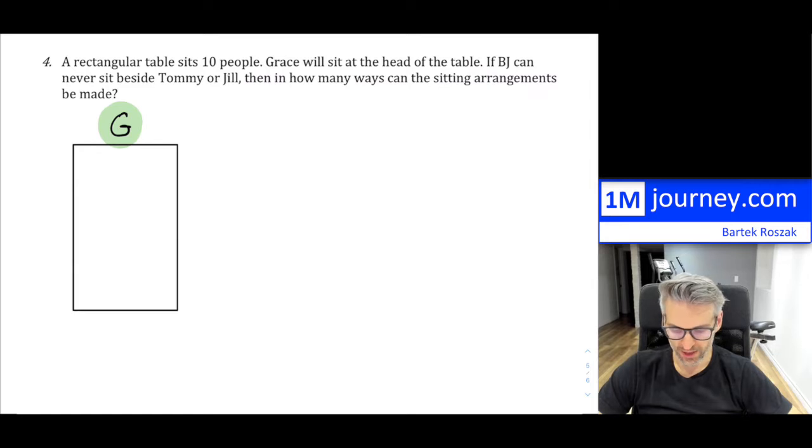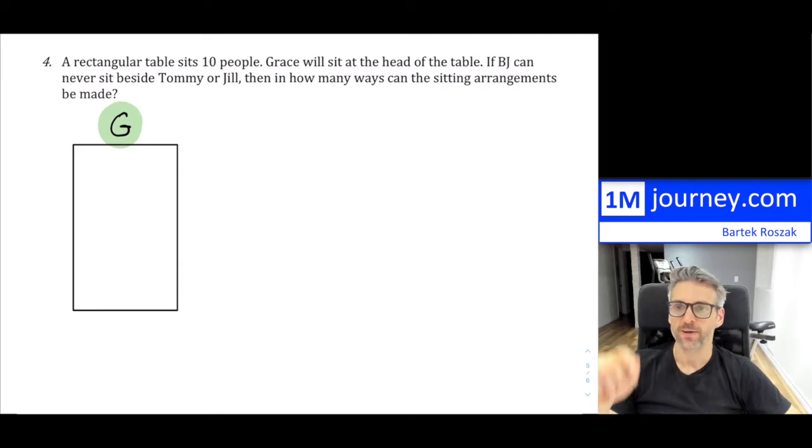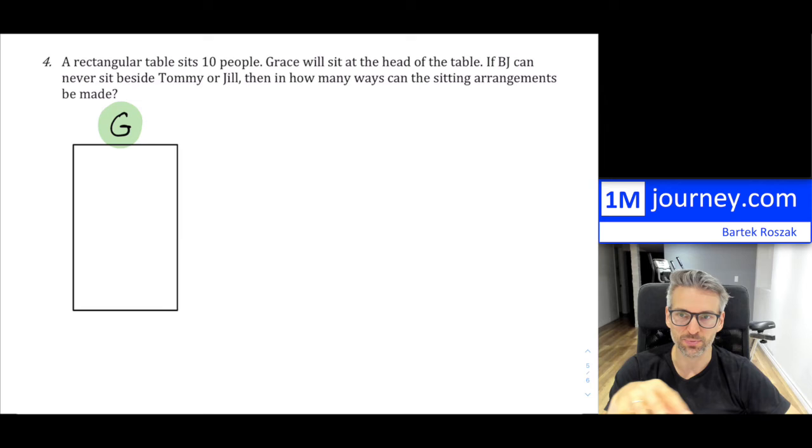Now, the rest of the question: BJ can never sit beside Tommy or Jill. So Grace is fixed at the head of the table. Now I can rearrange 9 people.